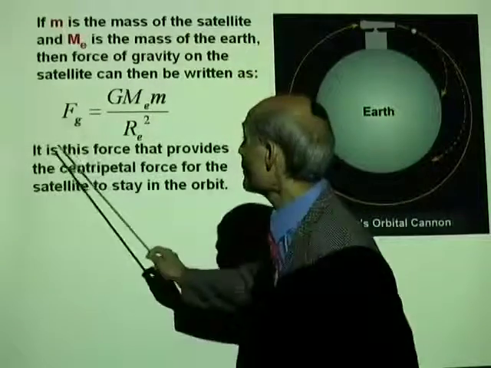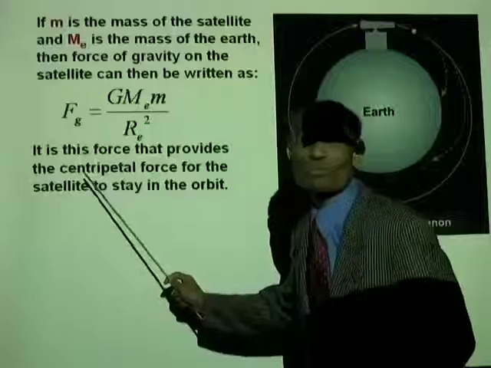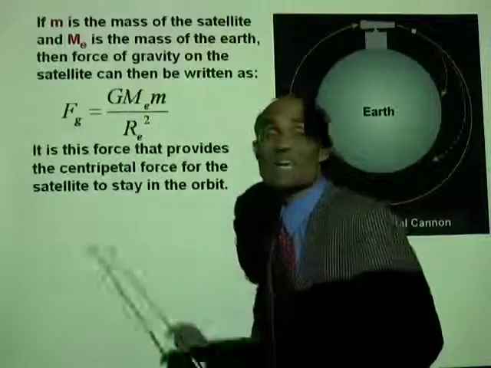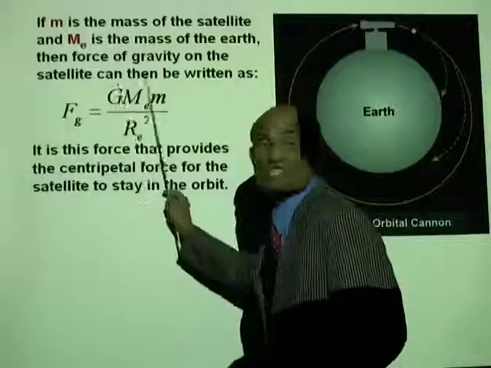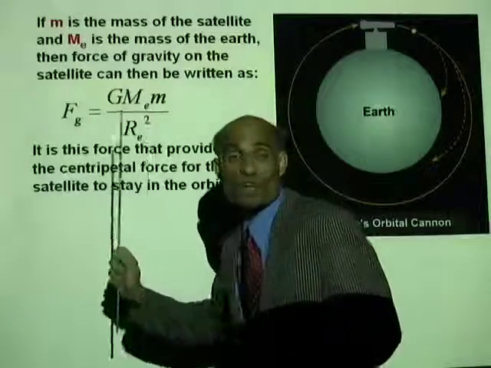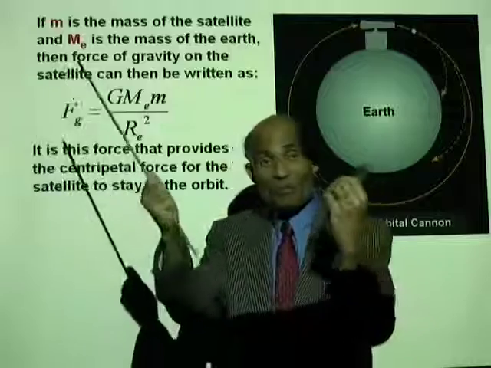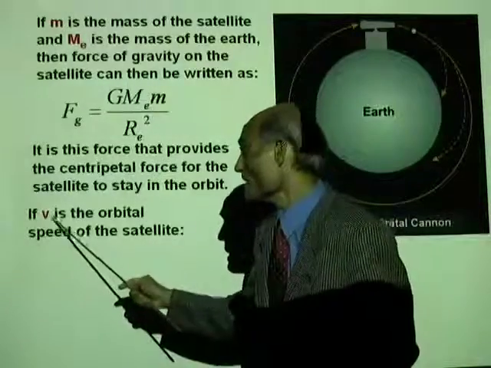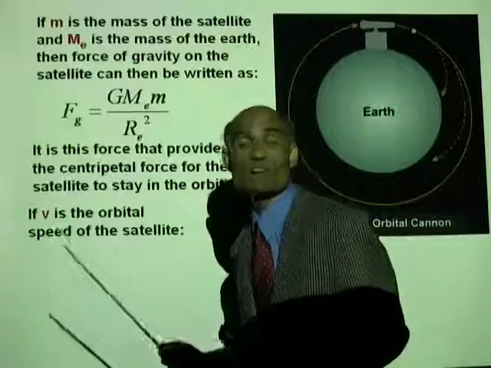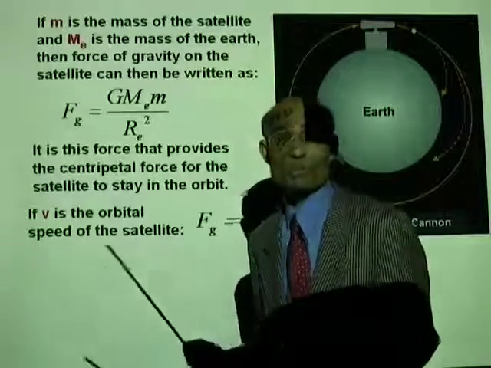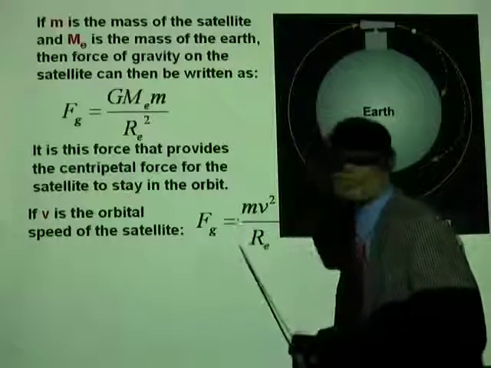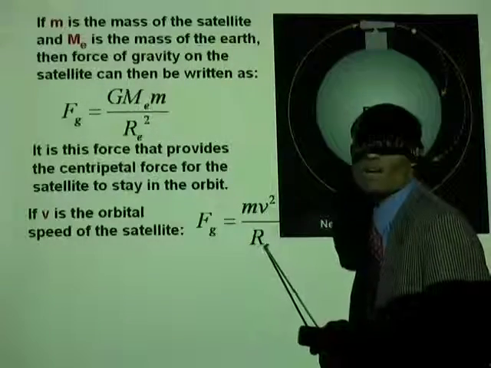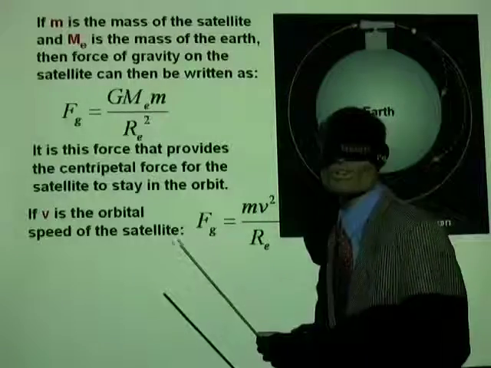Alright. Now, it is the gravitational force on the satellite that provides the centripetal force that keeps it in the orbit. If v is the speed of the satellite in that orbit, then that centripetal force will be mv squared over RE, where RE is the radius of the Earth.